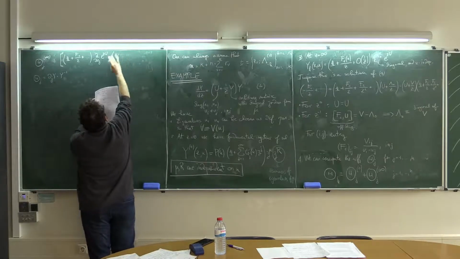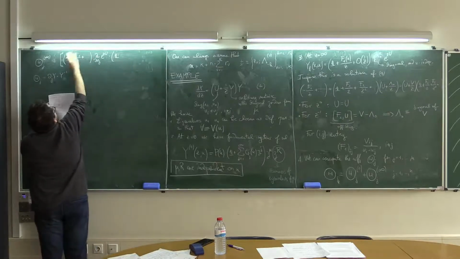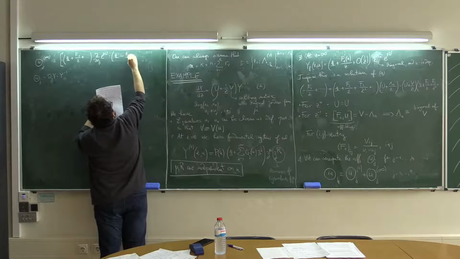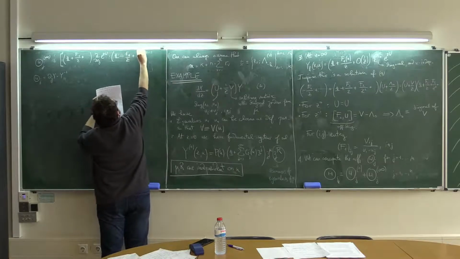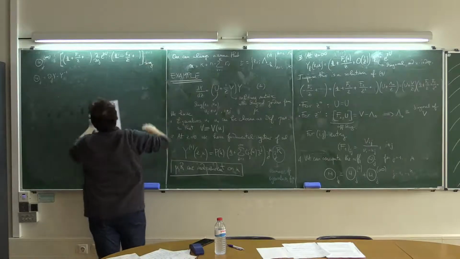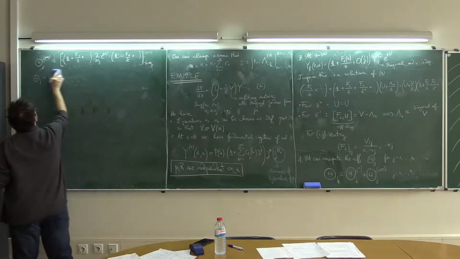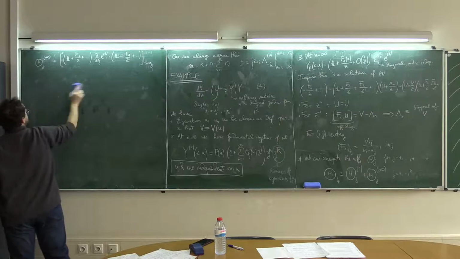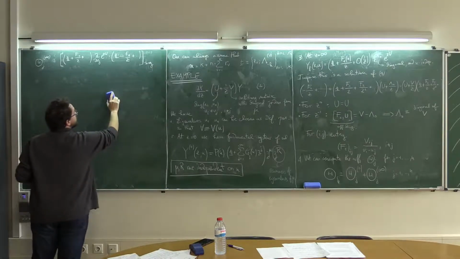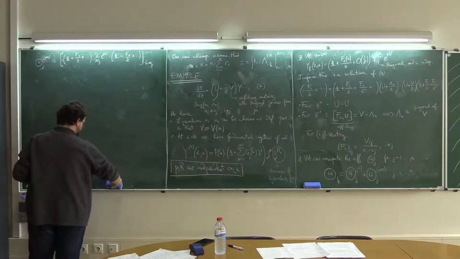Here I have just the inverse of this expression, which is 1 minus f1 over z plus higher order terms, and I need to take the singular part at infinity, that is to say, the non-negative powers of z.